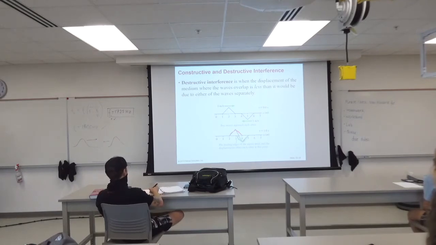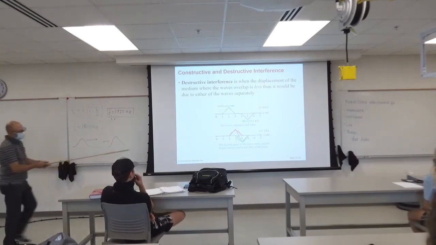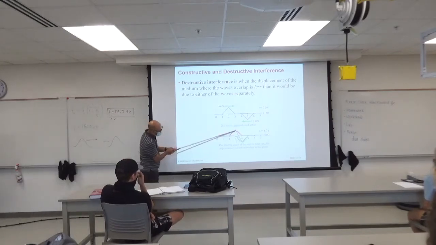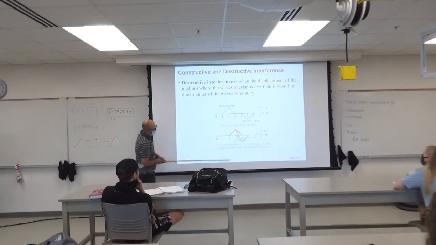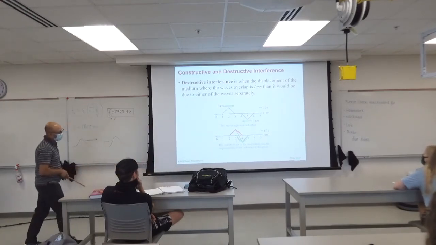Okay? Likewise, you subtract this part from that part, you get this part. So you see this line. This line is the resultant of interference between these two waves, okay? These two parts, the red one and the green one.